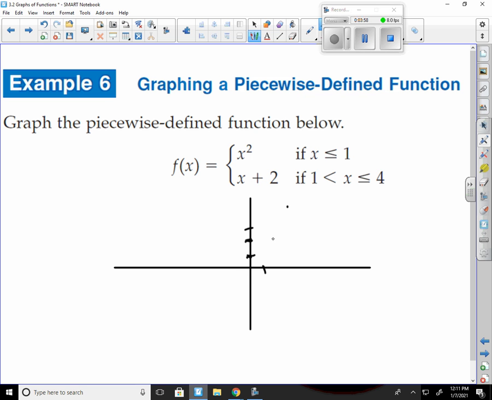So if I look at the top part of this function, I'm going to start at any number back here. So if I find negative 2, plug that in. Negative 2 squared is 4. So my first point, sorry, that should be negative 2 there.